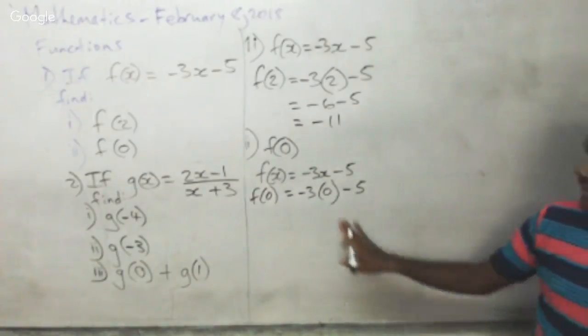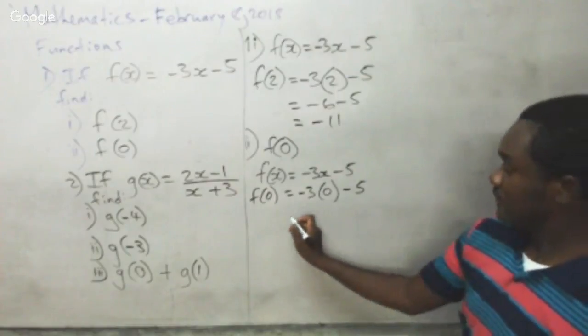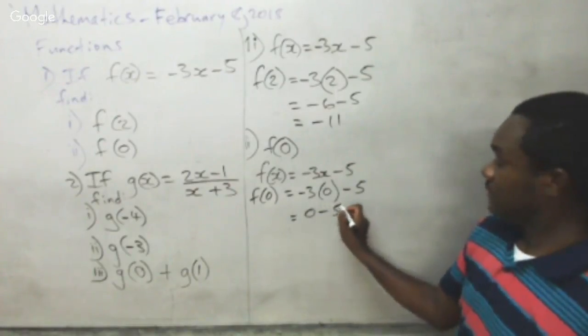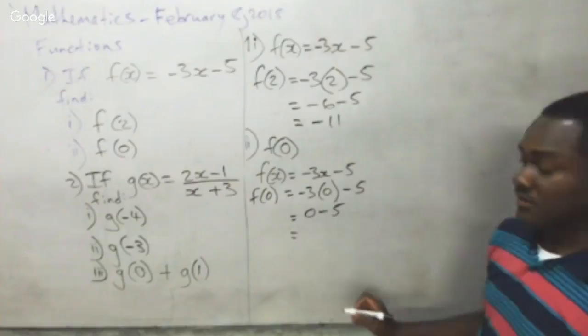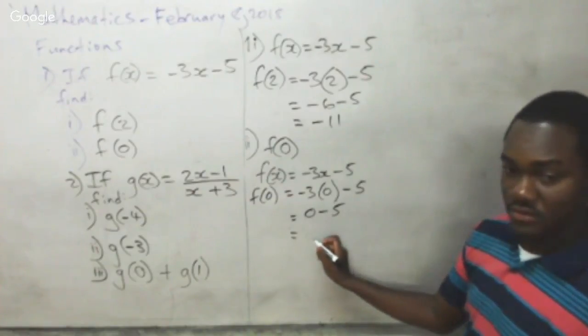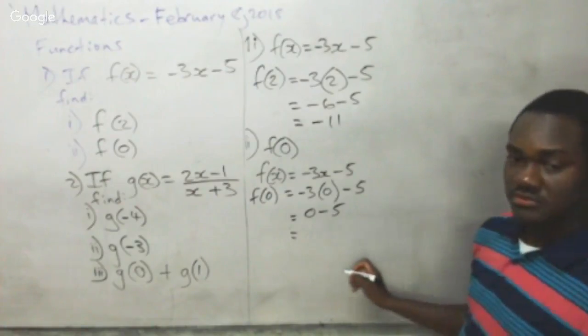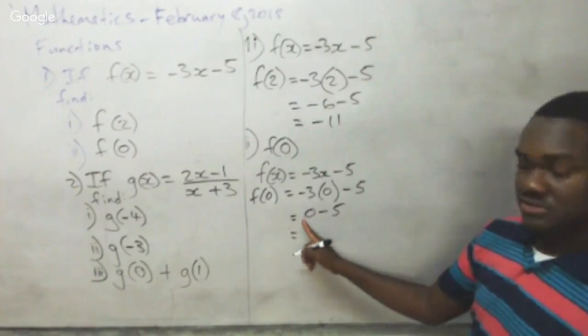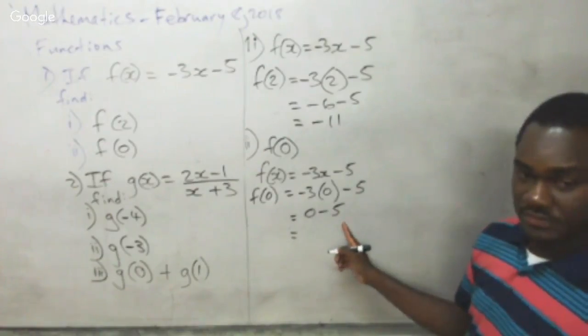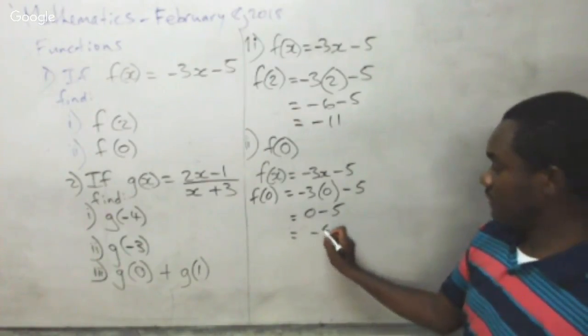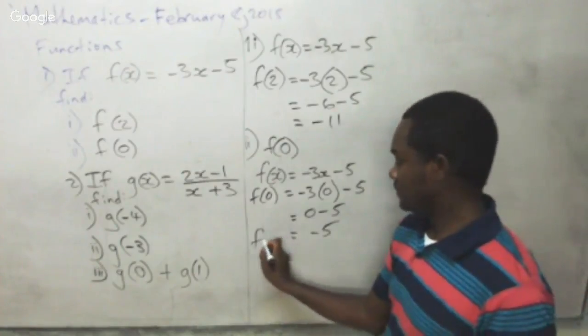Negative 3 times 0 is 0, minus 5, which is negative 5. So f of 0 is negative 5.